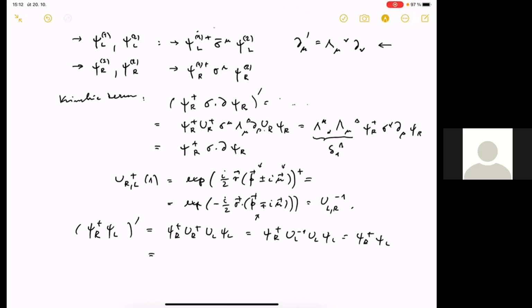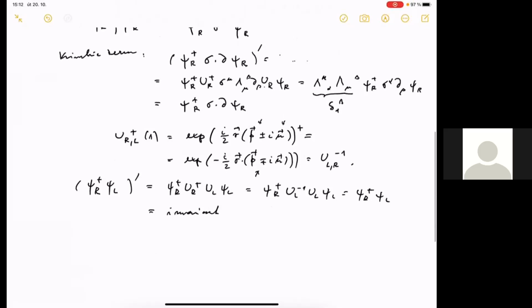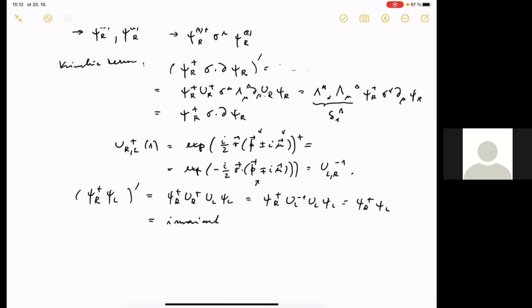So this is a scalar, this is invariant. Some question? Okay, similarly we can use another invariant, psi_R^dagger psi_R, in the same way.